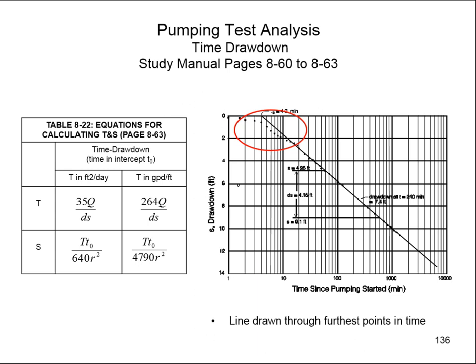So again, you need to calculate your transmissivity and then use that value, your time intercept, and the distance of this observation well from the pumping well. Should never use values less than 10 minutes in time, since all of this fluctuation is going on.